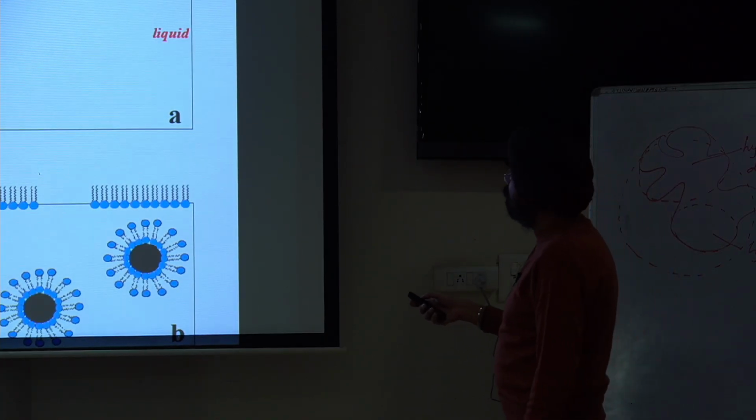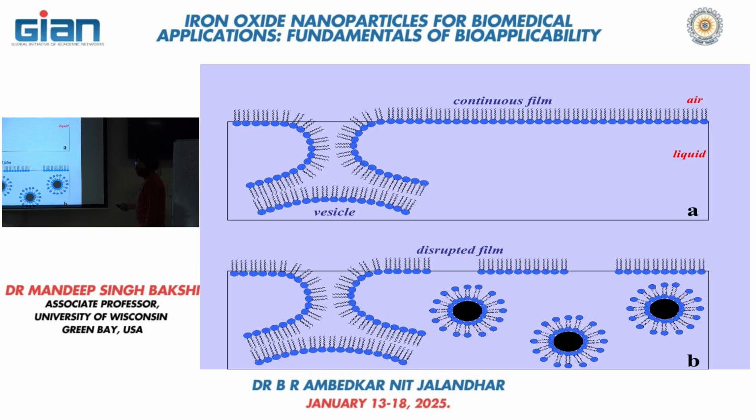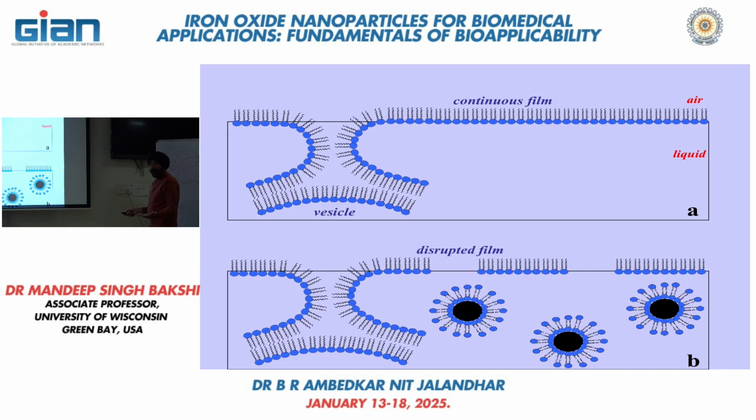Okay, so this continuous film is required in order to perform healthy respiration. When it is disrupted, so these particles are already there. Macrophages have limited ability to clear them, and now you see it's non-continuous, so therefore it cannot provide the required amount of surface activity.